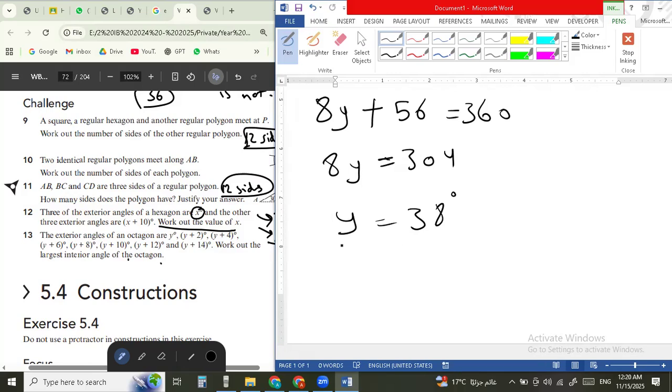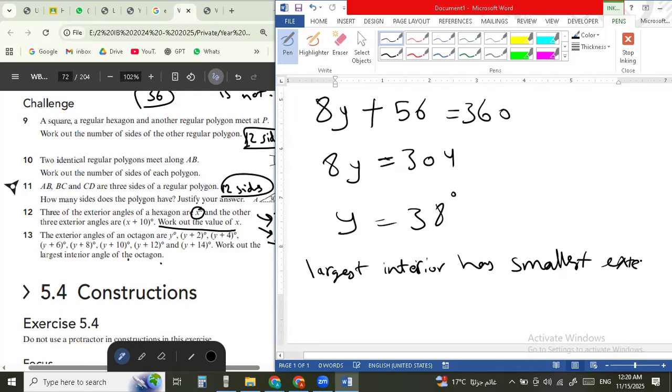They want you to find the largest interior angle. Let's agree on one thing: the largest interior has the smallest exterior, because both of them add up to 180 degrees.